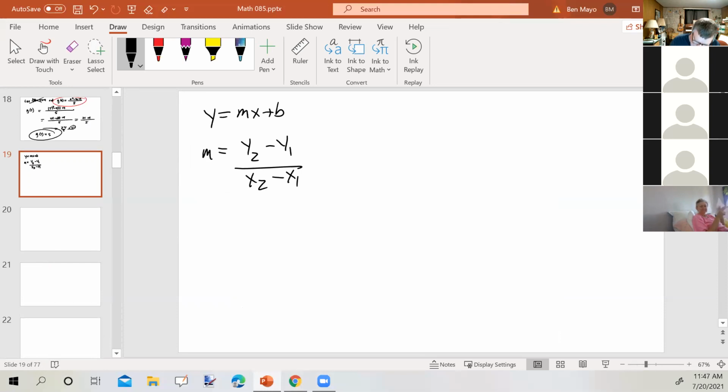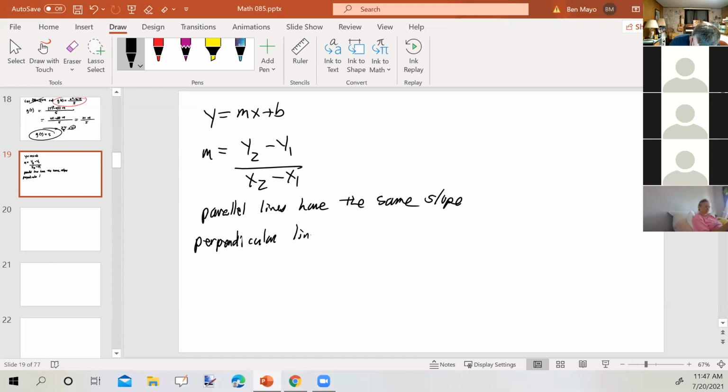We also had parallel lines have the same slope. Perpendicular lines have negative reciprocal slopes.